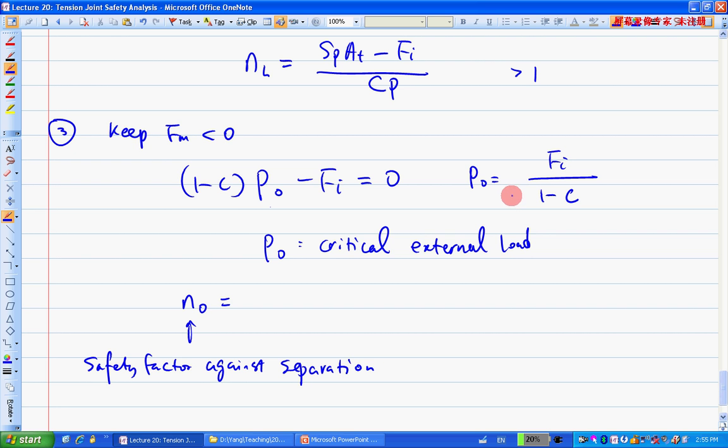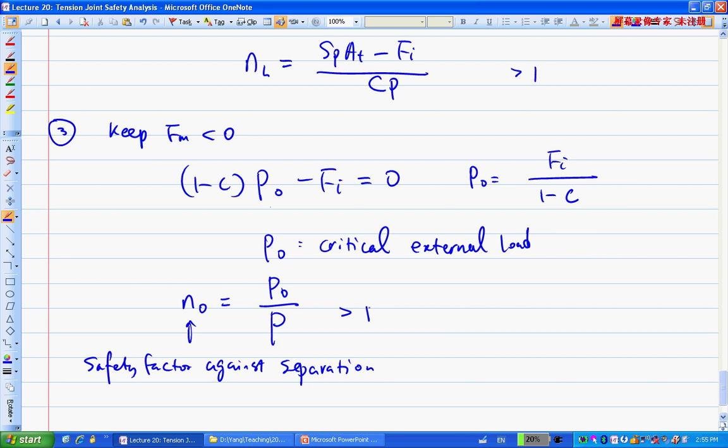So P naught is the critical load value. So we use P naught divided by the current P, and that's the safety factor. And you want this one to be greater than 1 to be safe, right? So basically 3 different safety factors for this particular tension joint.